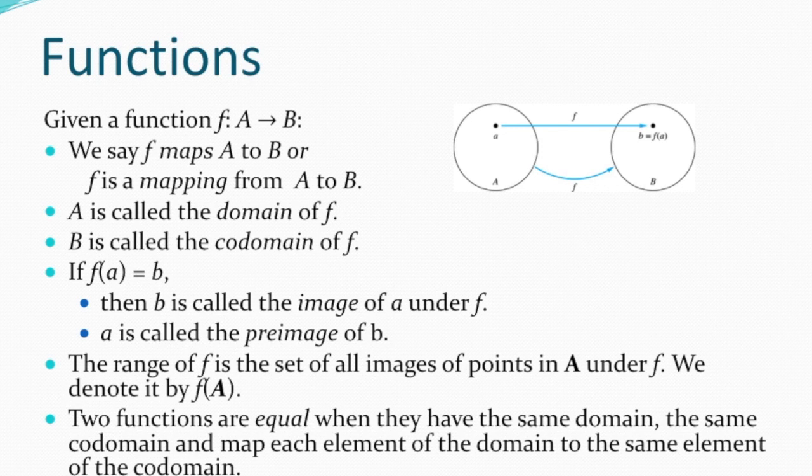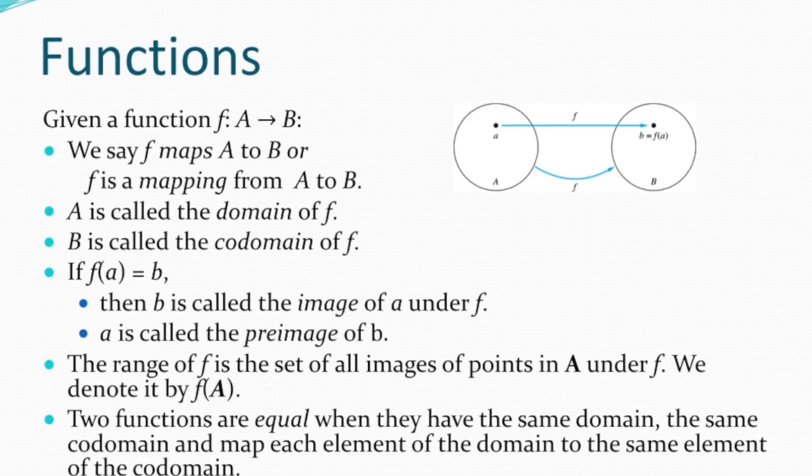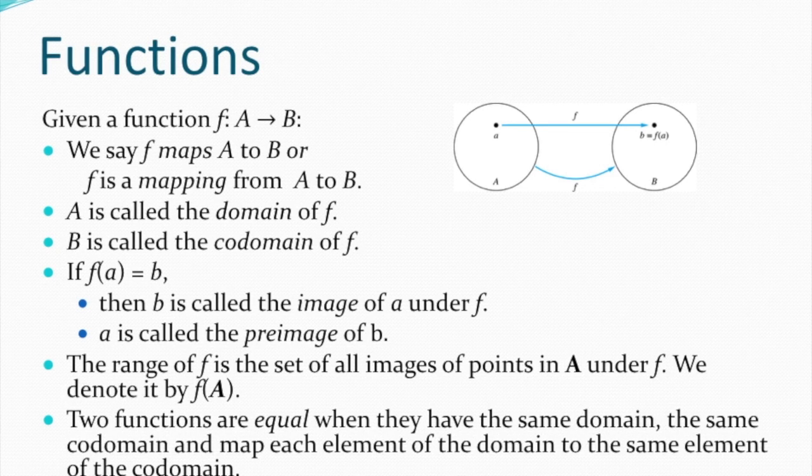So, before you get really distracted by the previous definition, because this is more specific for certain cases, let us take a simple example. Given a function f, which is a mapping from A to B, we say that f maps any element from the set A to an element in the set B, and in this case, the set A is the domain, and the set B is called the codomain.